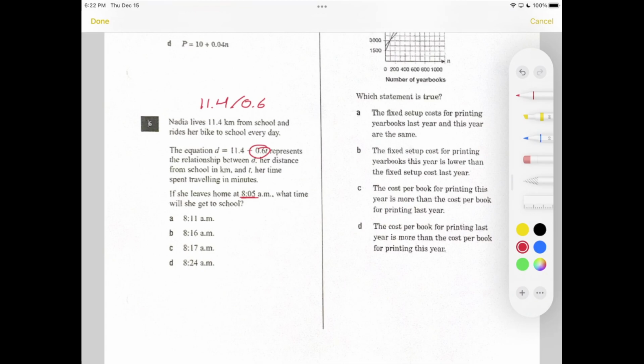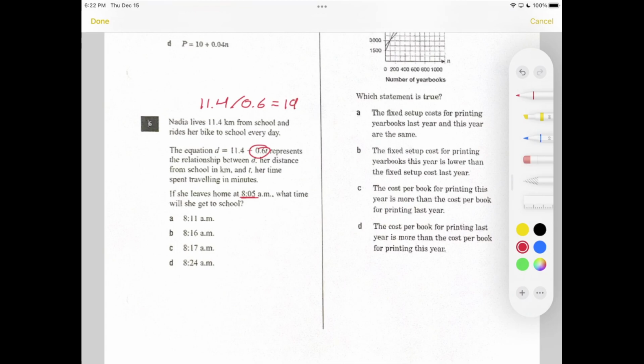So we're basically asking how many times can I fit 0.6 into 11.4, and whatever the answer is, that's the amount of minutes it takes, or the variable T. So T is going to be equal to 11.4 over 0.6, right? Now if we do this, let me erase our T, we'll get the answer of 19 minutes.